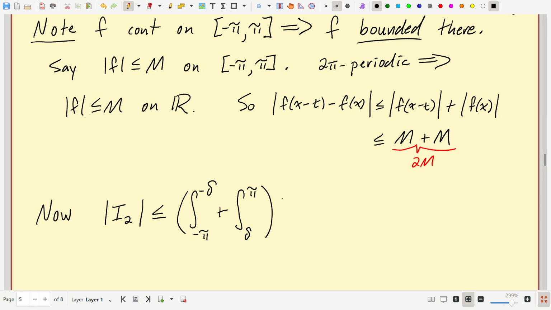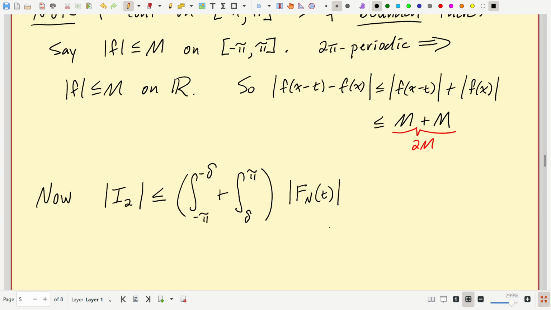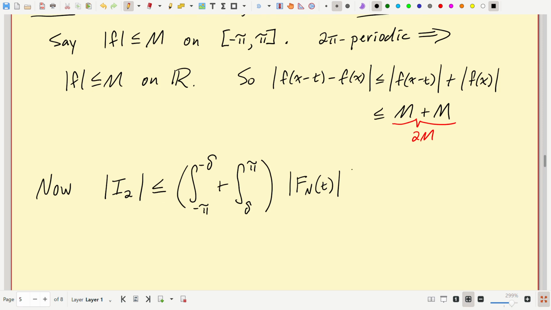And when I take the absolute value underneath, I would have fn of t here. That's positive, so I can take the absolute value away. And here I'd get the absolute value of this, dt.